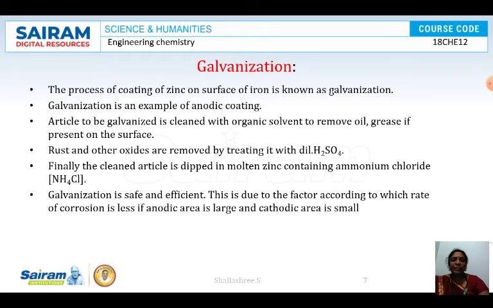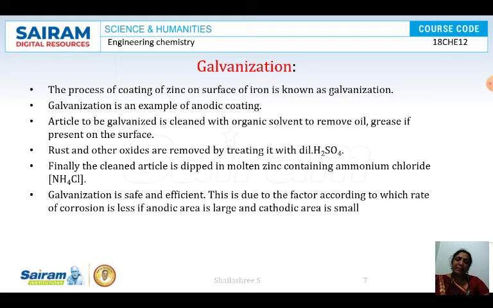Here the metal is treated with molten zinc, maintained at a temperature of around 450 to 500 degrees centigrade, and after that, the excess zinc present on the metal surface is removed by passing it between two rollers. Fine, so this is the process of galvanization.